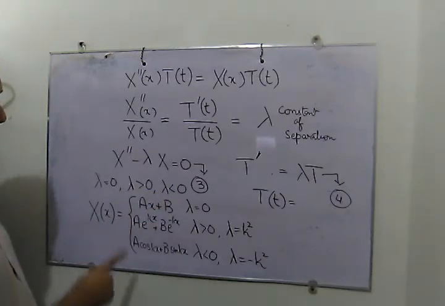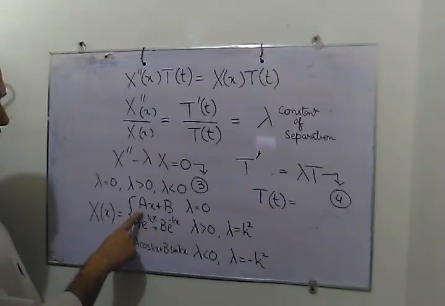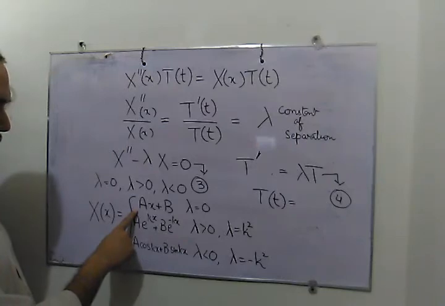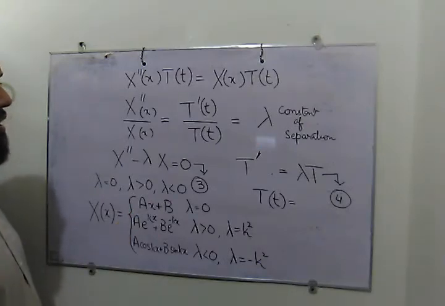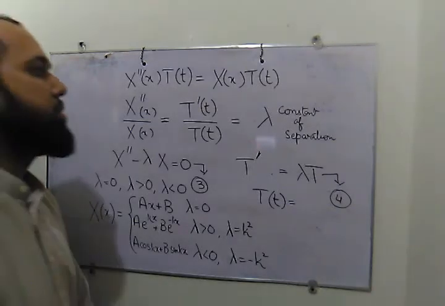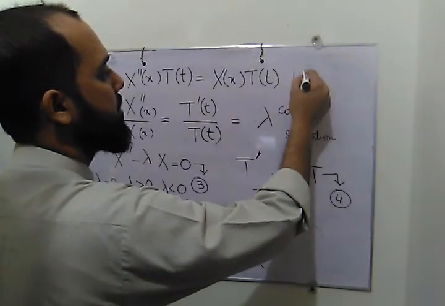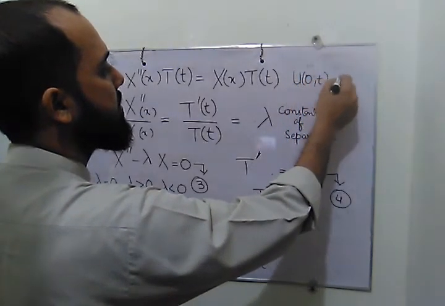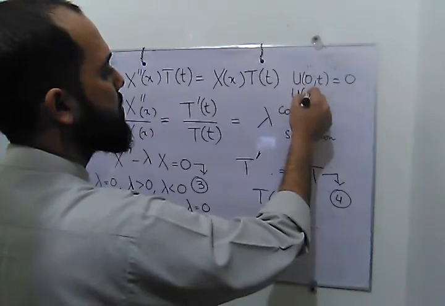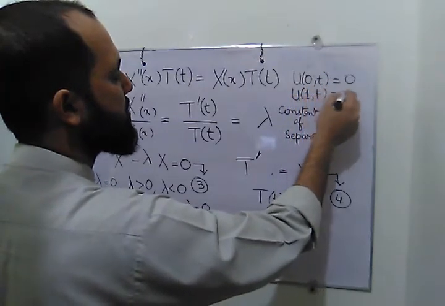Now there is a problem that we have the coefficients a and b in the solutions, and in order to find the values of these coefficients, we should have some boundary conditions. Of course, we have the boundary conditions. When we were given the partial differential equation, we got the boundary conditions. If you remember, the boundary conditions were written like u(0,t) is equal to 0 and u(1,t) is equal to 0.